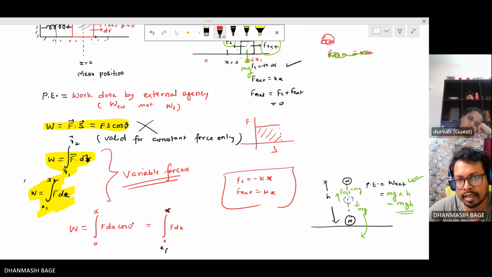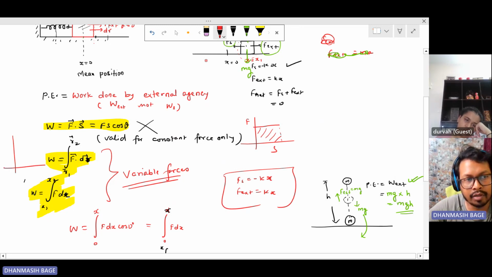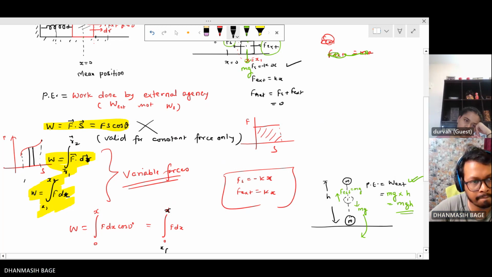Nothing else. But in this case, your graph would look something like this. Suppose force and displacement. Then you have to find out the area under the curve. Like you will cut this into small dr, and F is changing with position.